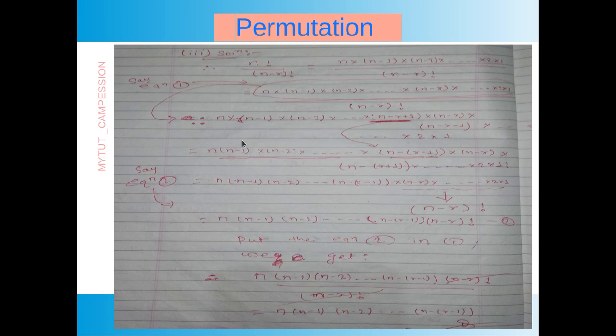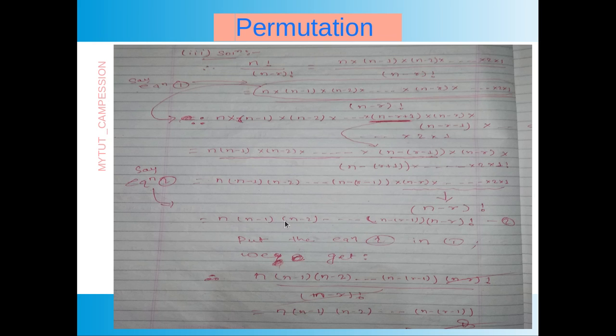Similarly we can write by arranging this way: n into n minus 1 into n minus 2 into dot dot dot n minus r plus 1 into n minus r into dot dot dot up to 1. Now n minus r into up to 1 you can write as n minus r factorial, say equation 2. Now put this equation 2 in equation 1, at the numerator value.